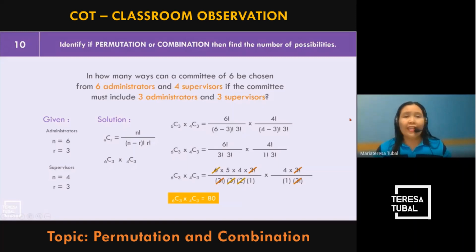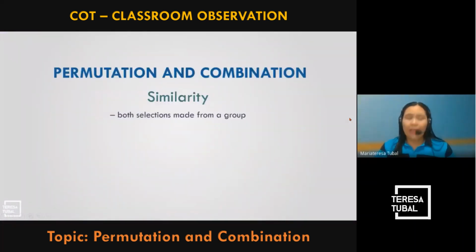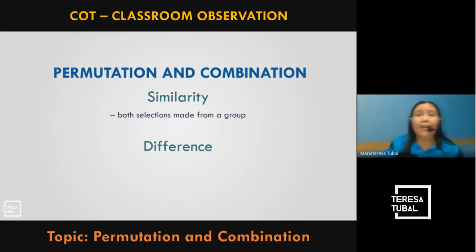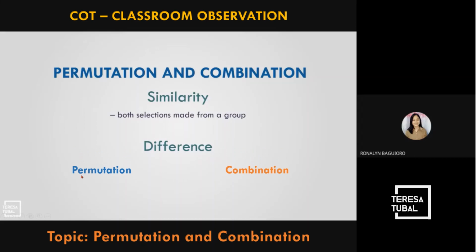So let us distinguish now the difference between a permutation and combination. So what is the difference between a permutation and a combination? Yes, Bagyoro? Ma'am, yung combination po, wala po siyang arrangement. Hindi po siya naka-arrange. Pero yung permutation po, naka-arrange po siya kung sino po yung mauuna.